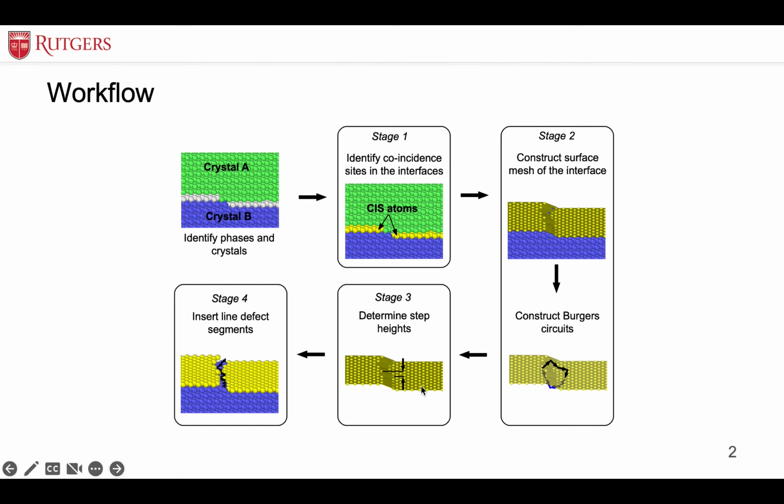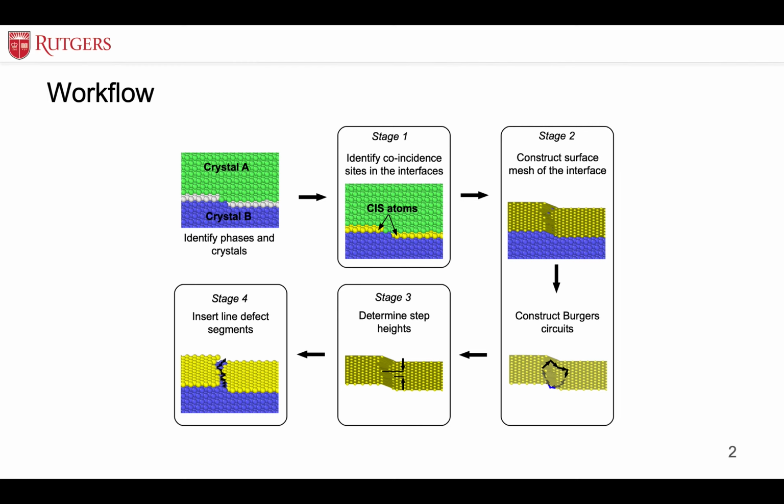Then we also are able, using the surface mesh, to determine the step height. So if the line defect you're interested in is a disconnection, ILDA will tell you what the step height is in the physical interface. And then finally, ILDA inserts line defect segments. So the final product is very similar to DXA in that you get a discrete set of lines.